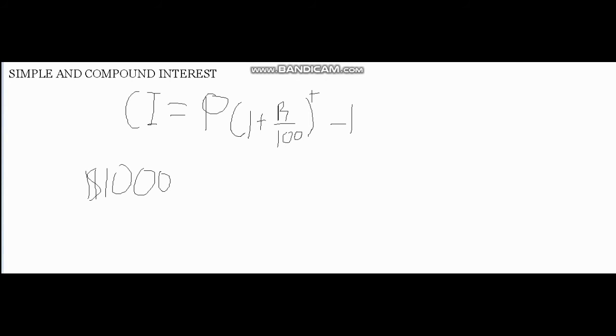After 1 year, we'll have 1,050. However, for compound interest, for the second year, we wouldn't have 1,100. What's happening is that this number here, 1,050, would become the new principal, and so we would calculate a new interest which will be higher than the original amount.